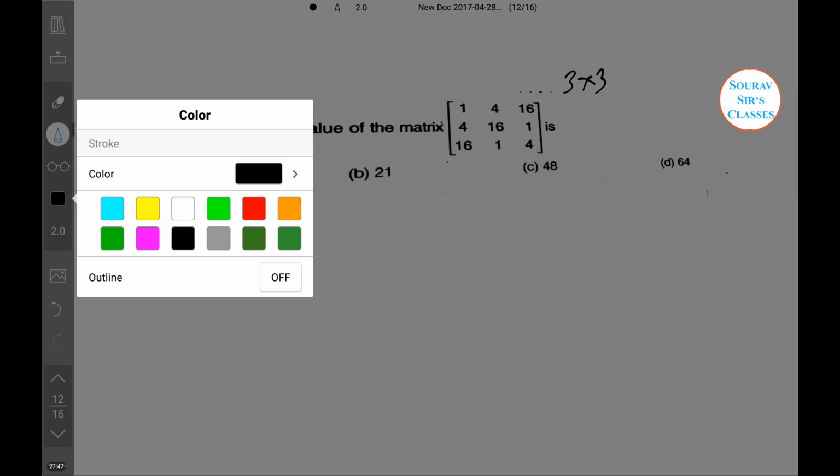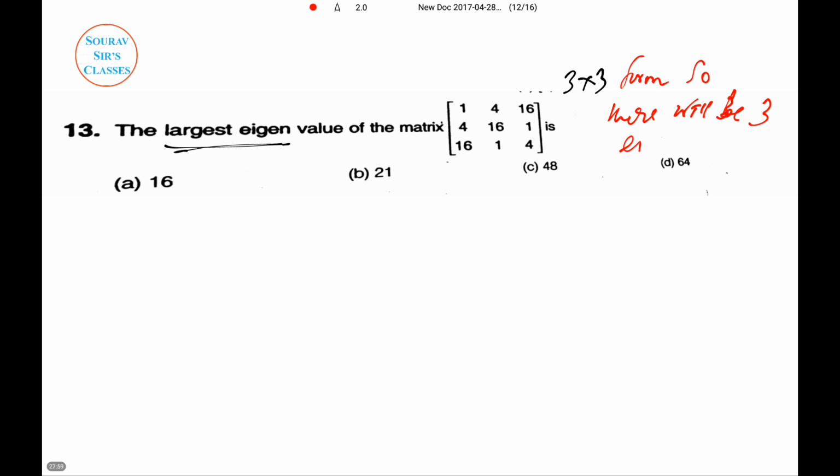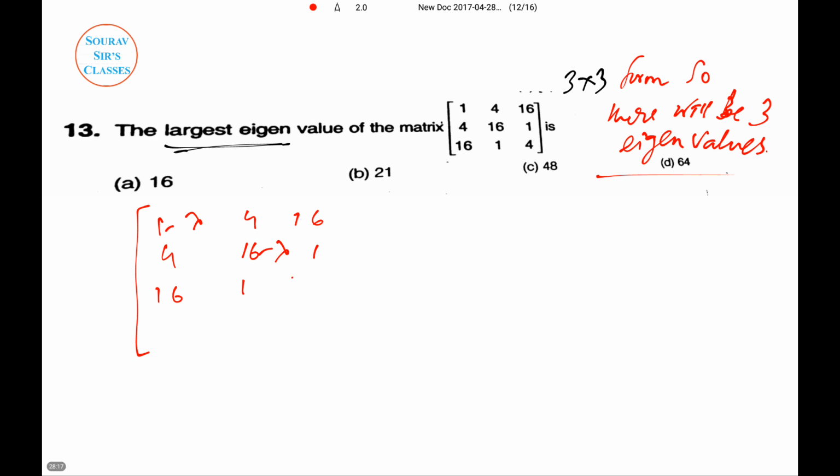As it's a 3 into 3 form, there will be three eigenvalues. We know for eigenvalues we need to subtract lambda from the principal diagonal. There is no direct formula for this, so we have to do it in this way and solve it.